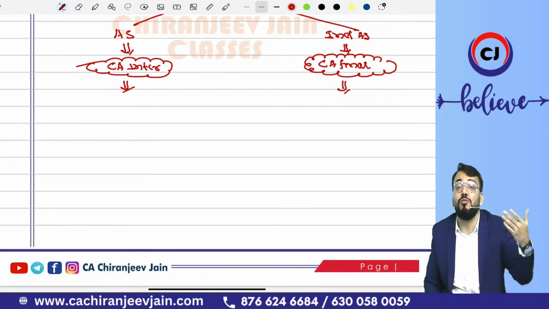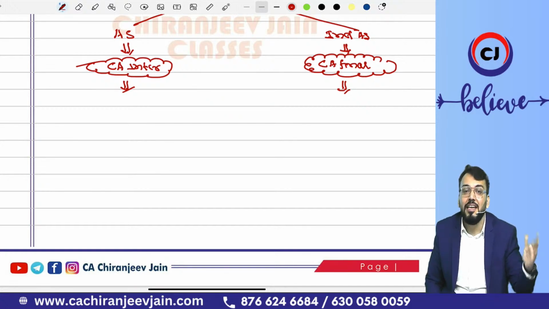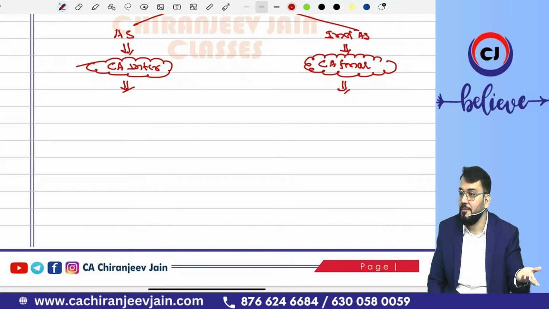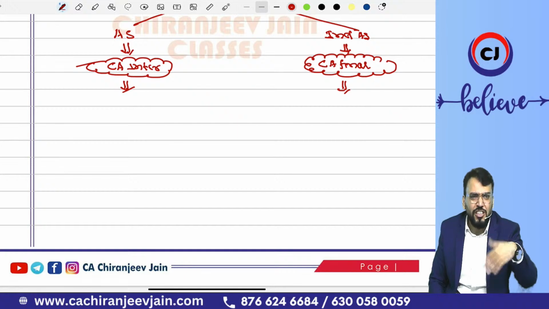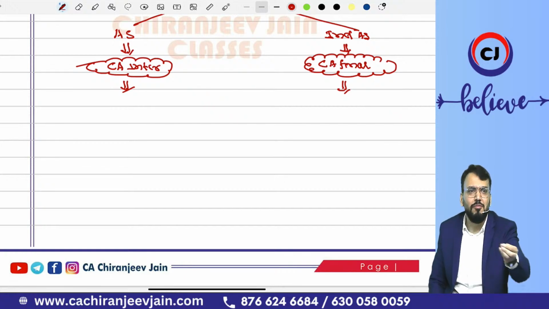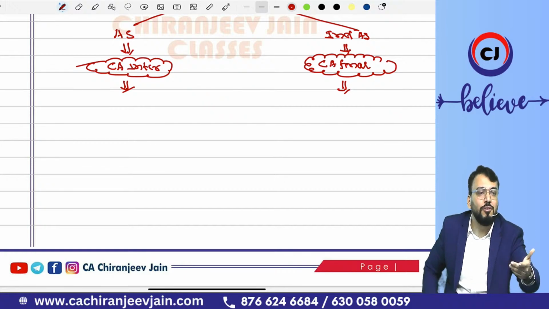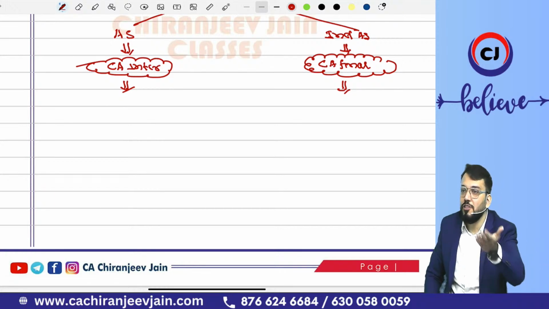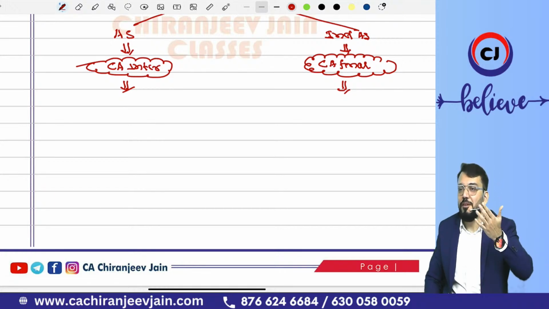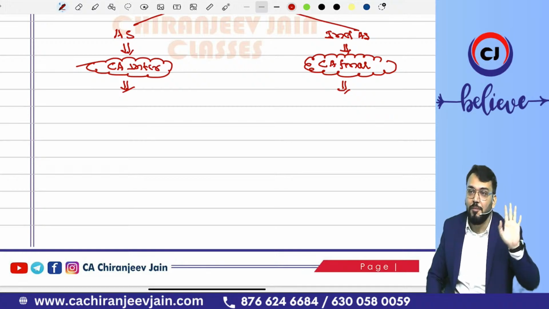Then it is applicable to whom? AS is applicable to whom? Domestic company? AS is applicable to non-listed companies. All non-listed companies?